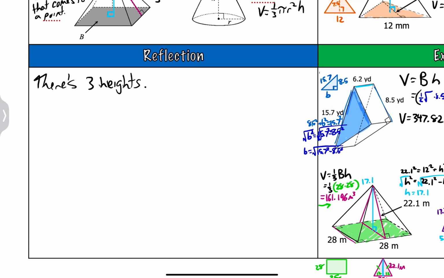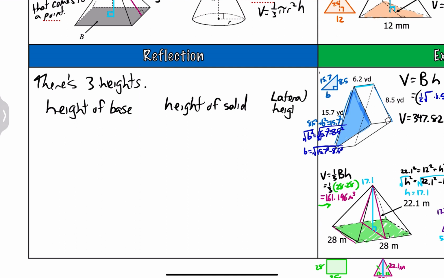So the three heights we talked about here is the height of the base, the height of a prism, or really the height of any solid, and the lateral height. Or if you prefer instead, this is also called the slant height.